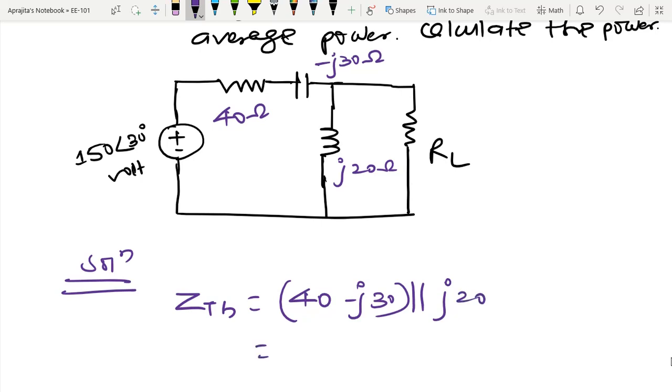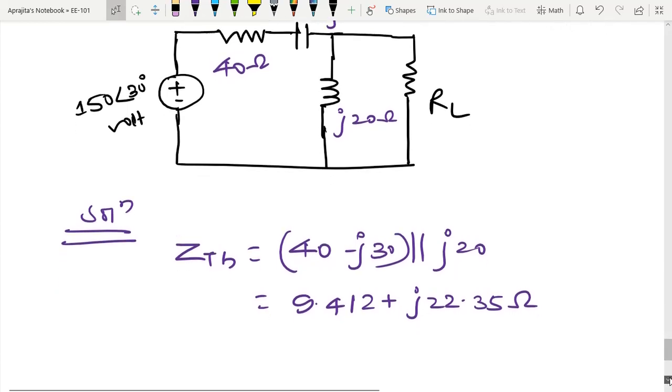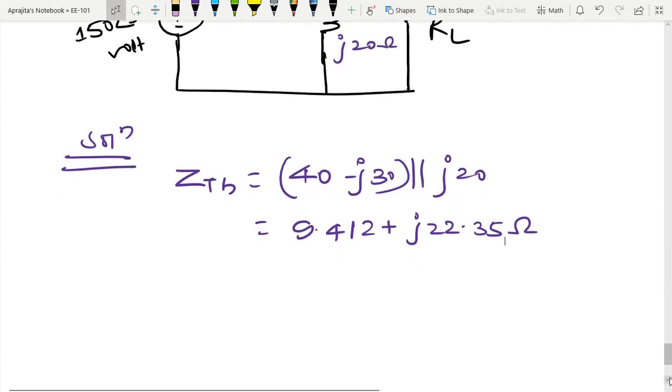If you check the numerical value of this, then that is 9.412 plus J22.35. I am not going to draw the equivalent circuit, because now you are very much familiar with this.